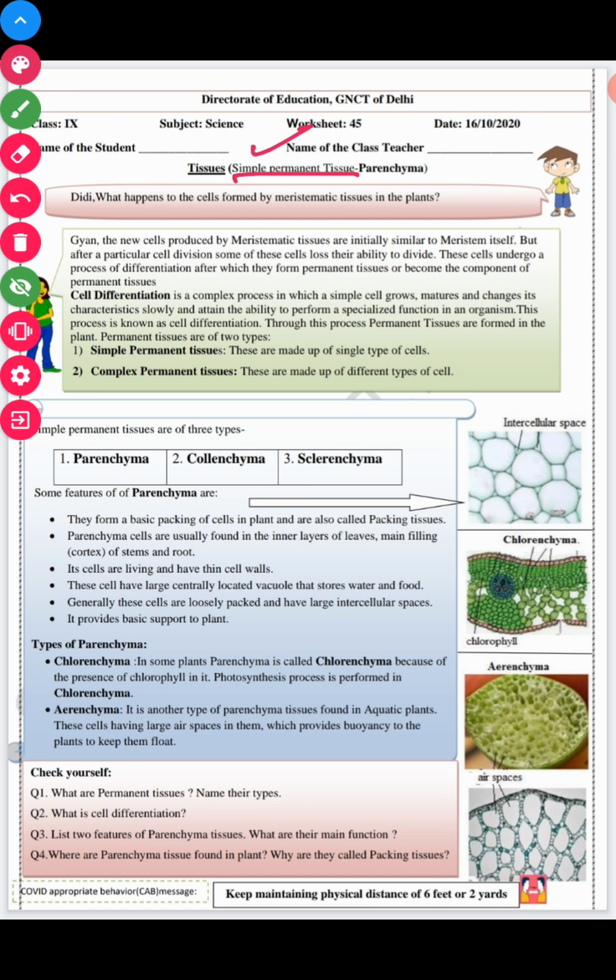So, what happens to the cells formed by meristematic tissue in plants? Cells produced by meristematic tissue are initially similar to the meristematic tissue itself, but after a particular cell division, some of these cells lose their ability to divide.